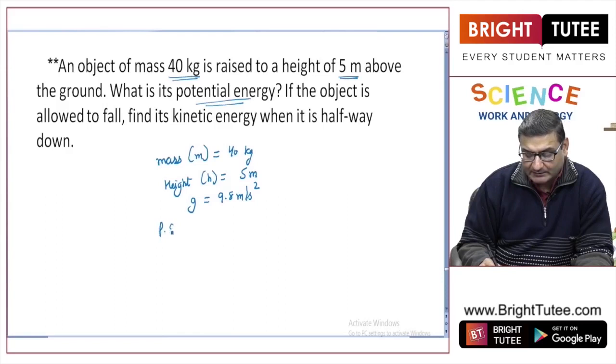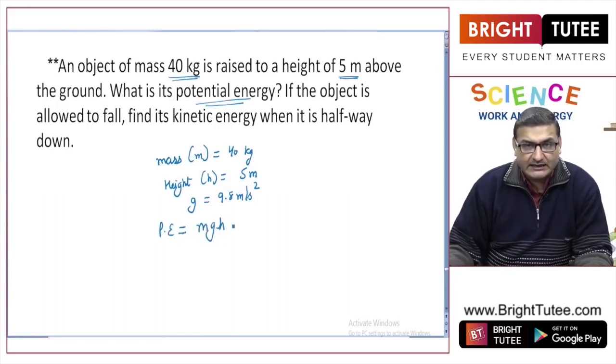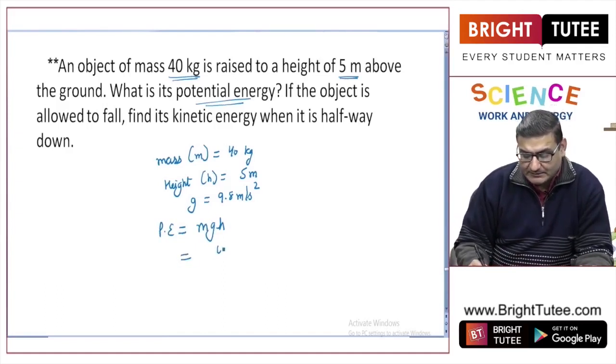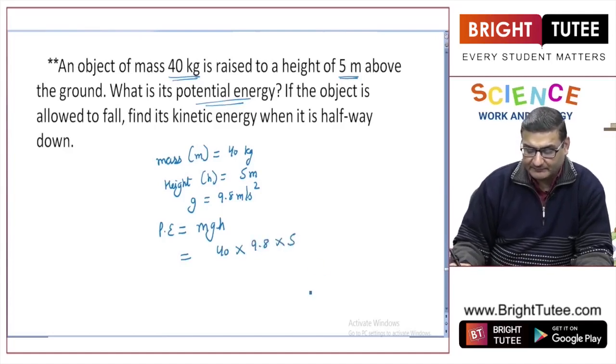So, when I will be calculating the potential energy, I know it is calculated with the formula m into g into h. Simply placing the values, mass is 40 kilogram, multiply by g, which I am taking to be 9.8, multiply by h, which is 5 meter.